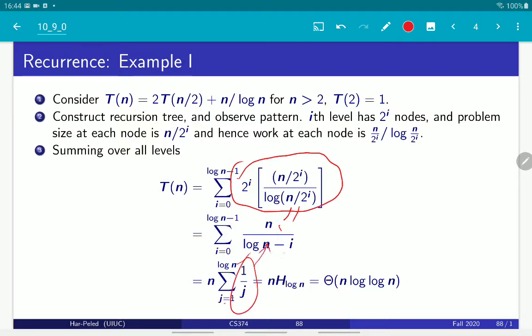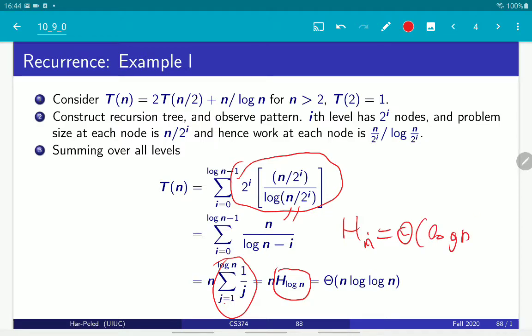I just reversed the summation; the elements are being summed the same, but in reverse order. And this is just the harmonic sum. The sum of the first log n terms is H of log n, and you can think about H of n as essentially being log n. It's theta of log n.